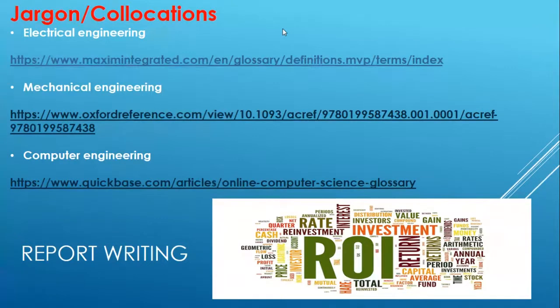These are words that together have a certain meaning in the business sector. So you can also look for collocations in electrical engineering and mechanical engineering, which means you have to pay attention not only to words, but also to phrases that will make your English stand out when you're writing.